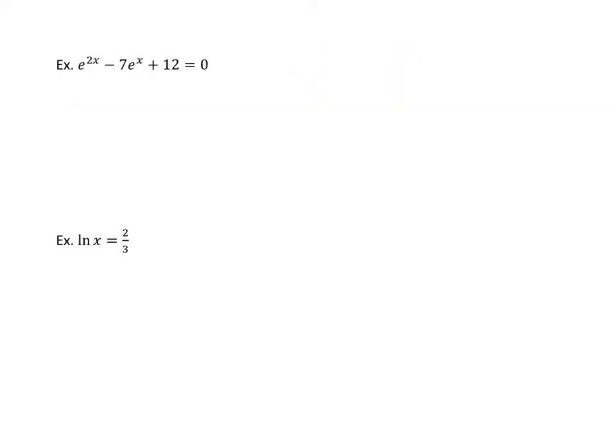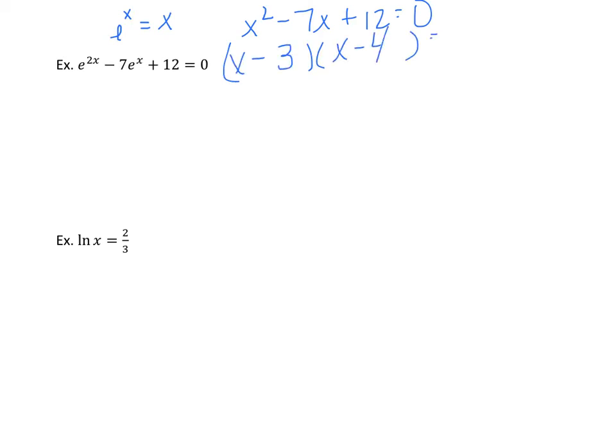This is probably a more difficult one. It is one that is in a quadratic form. If you will, if we take e to the x and substitute that in with x, we can see that we'll have x squared minus 7x plus 12 equals 0. And I think this factors: x minus 3, x minus 4 equals 0. So x equals 3 and 4.